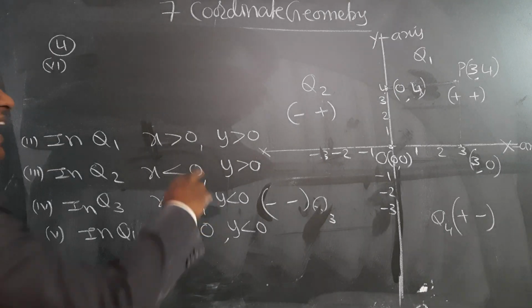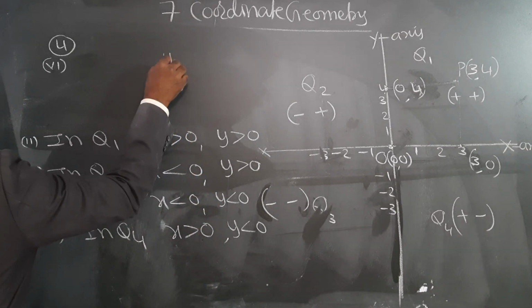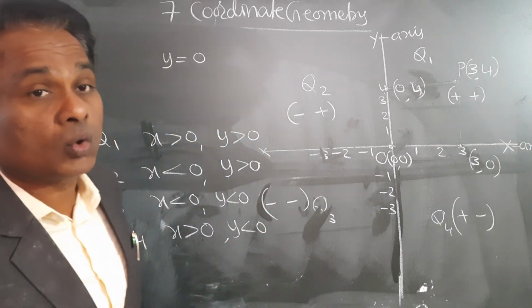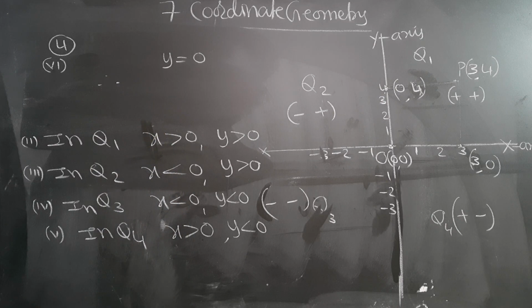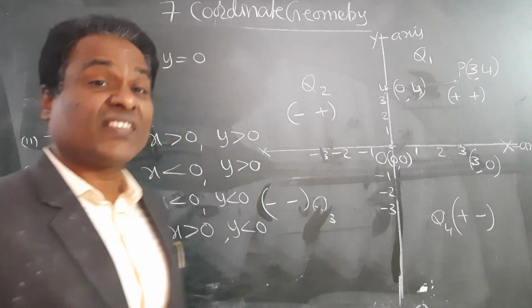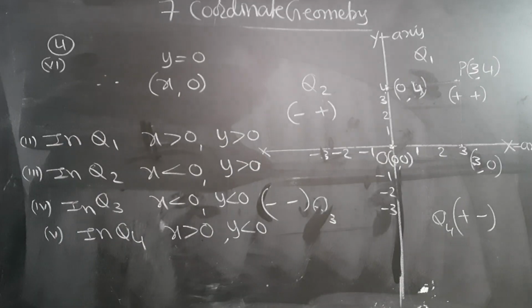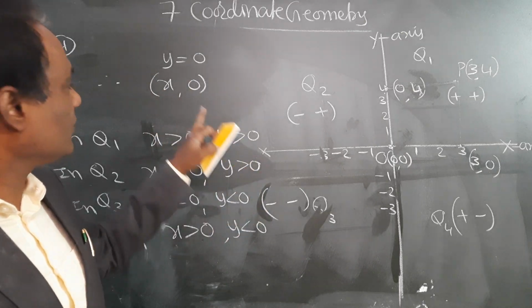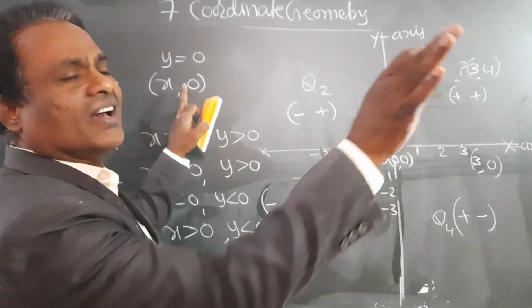Next. Write down. On x-axis y is equal to 0. Therefore, a point on x-axis will be in the form (x, 0). There will be some x value, but y value is always 0. If y is 0, we can say that it lies on x-axis.